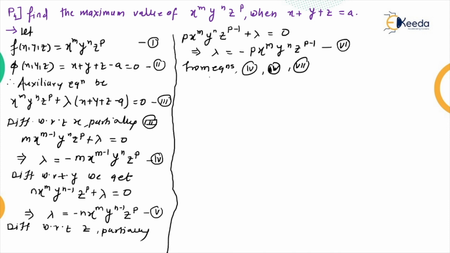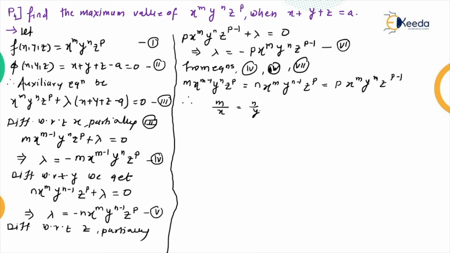Therefore, equating them, the negative sign becomes positive, and we get m into x power m minus 1, y raised to n and z raised to p, equal to n into x raised to m, y raised to n minus 1, z raised to p, equal to p into x raised to m, y raised to n and z power p minus 1. Cancelling the common terms in all the equations, we get m divided by x equal to n divided by y equal to p divided by z.